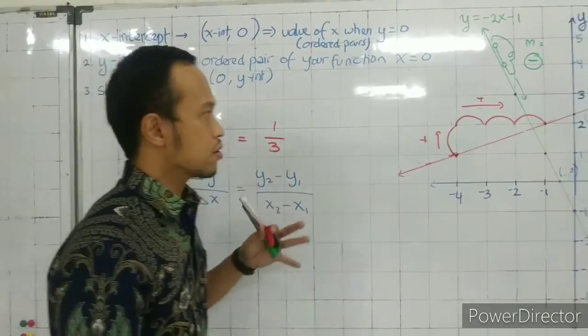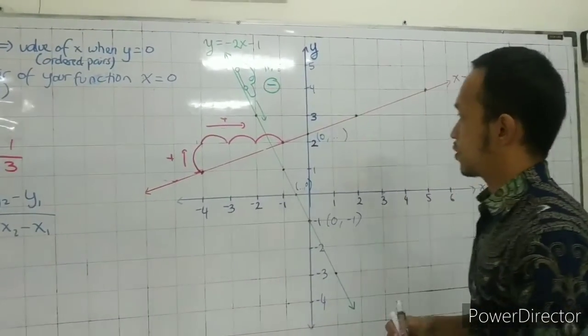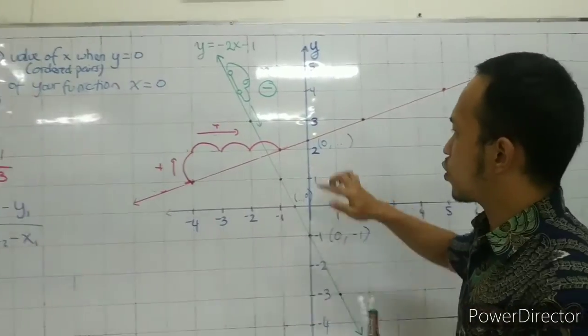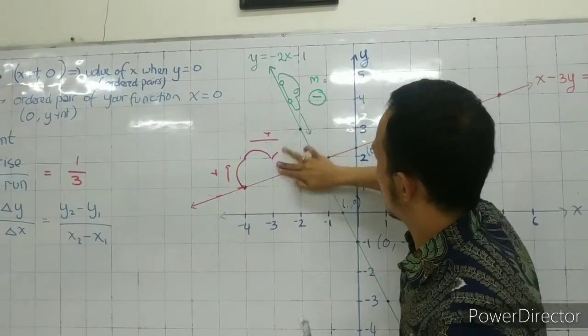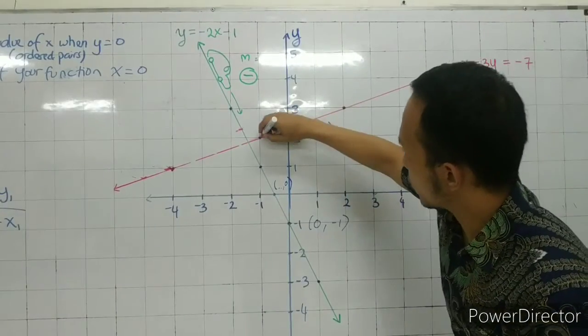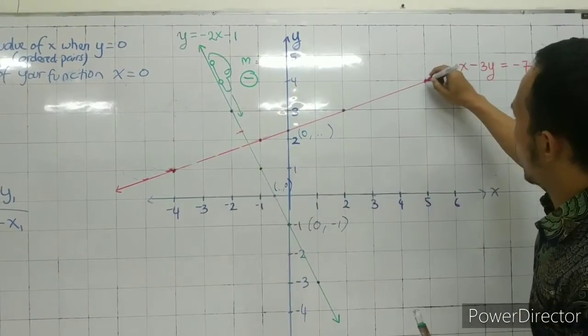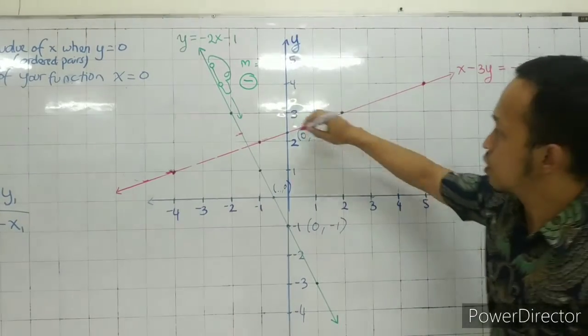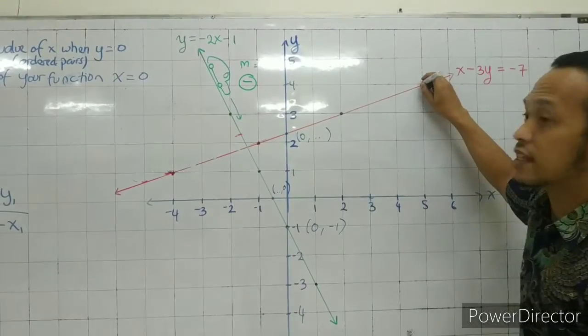Let's just use a different perspective here. I want to use this one and this one as the reference. So from here to here, let's count.